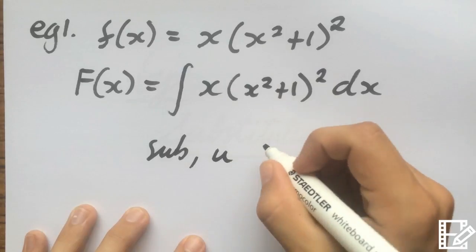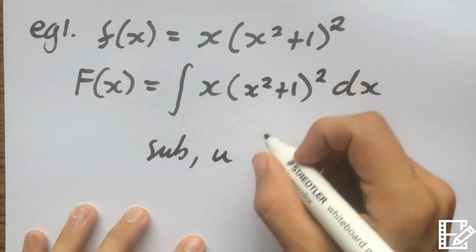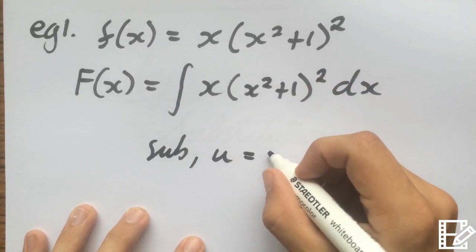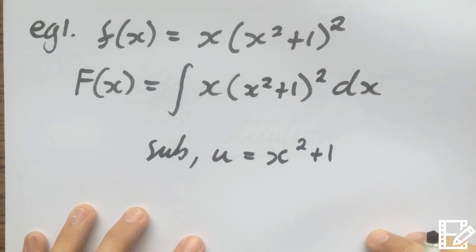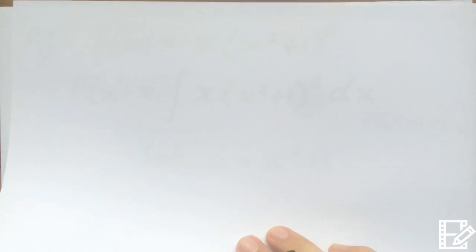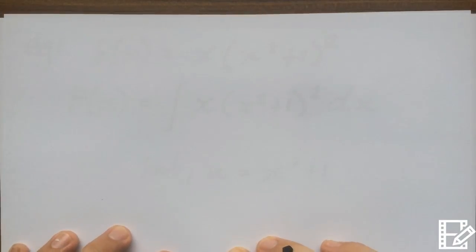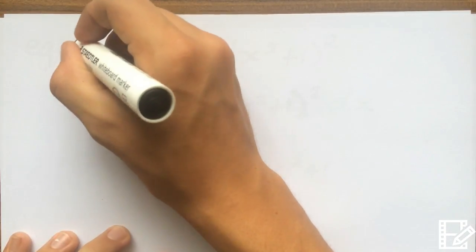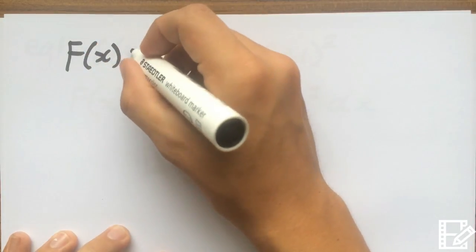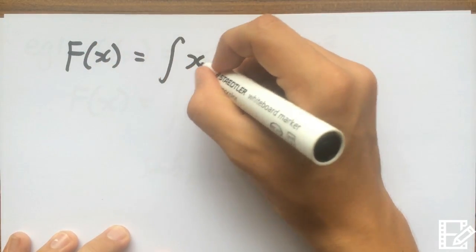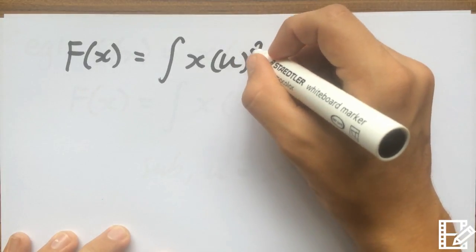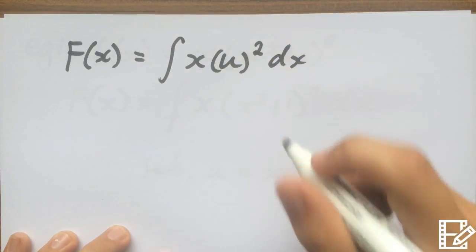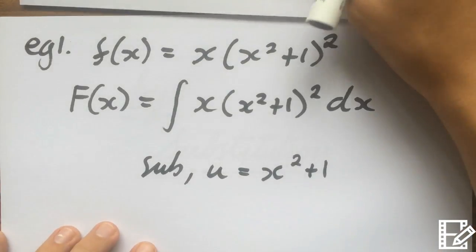You sub in a letter, which I'm using u, for the inner function. So I'm subbing u in for x squared plus 1. Now I'll grab a separate sheet and show you what that'll look like. That means that our function will look like x multiplied by u to the power of 2 dx. So I'm just subbing in u for this.